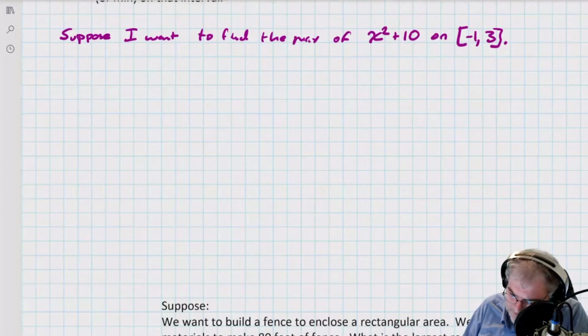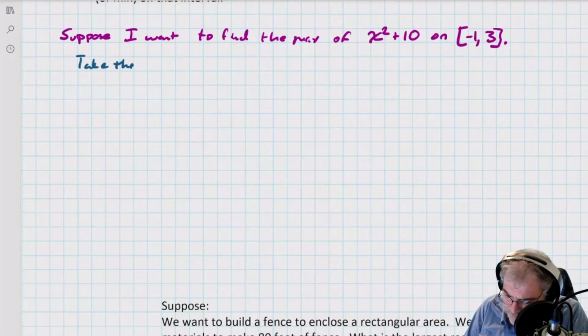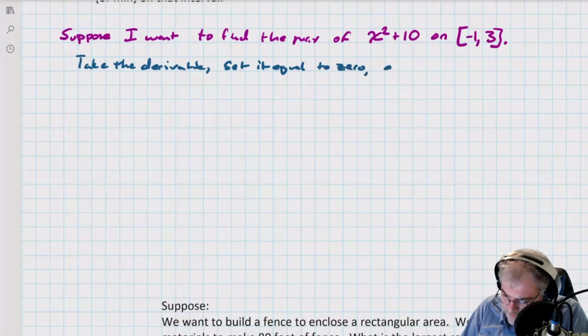I take the derivative, set it equal to 0, and find the critical numbers.